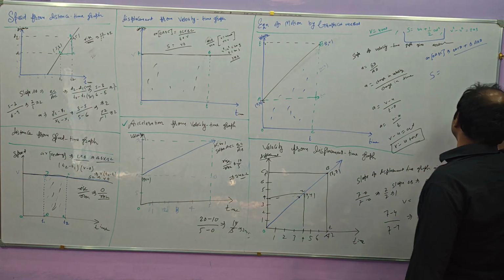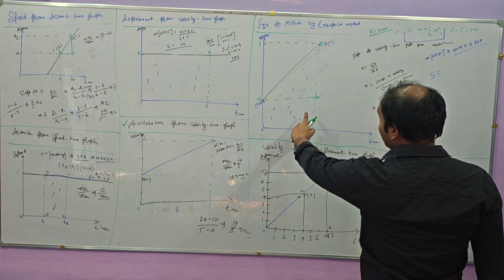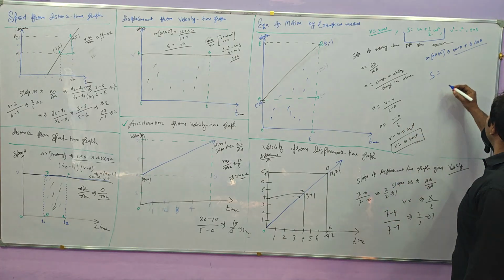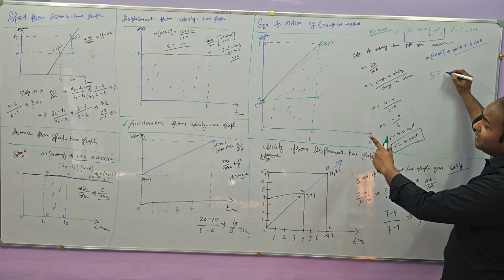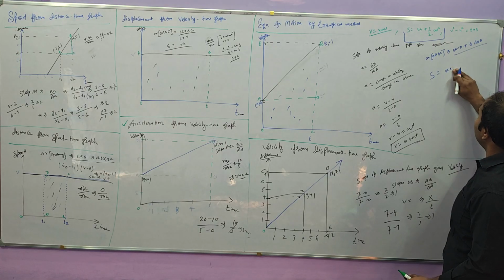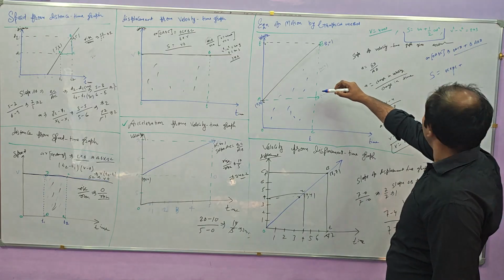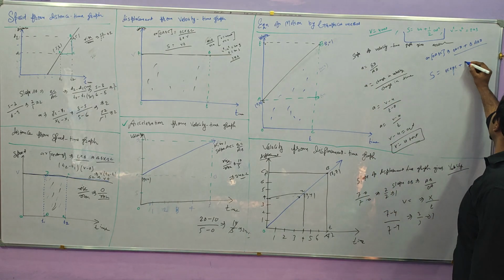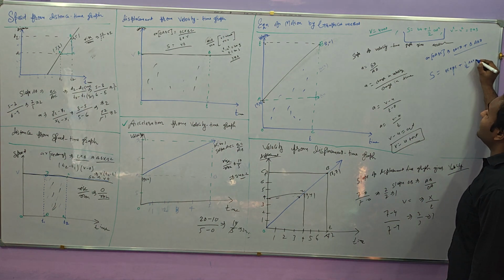The area of OADC is OC into CD, plus the area of this right angle triangle ABD, that is half into base into height, that is AD into BD.